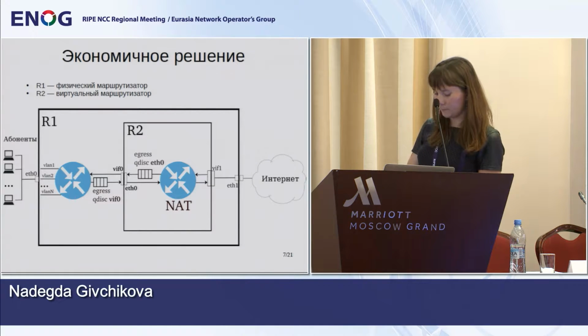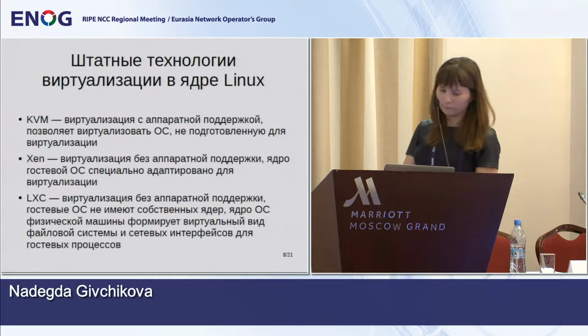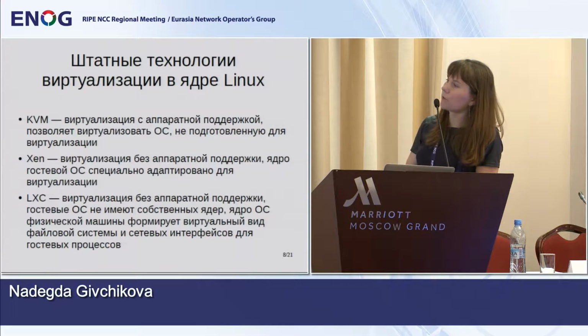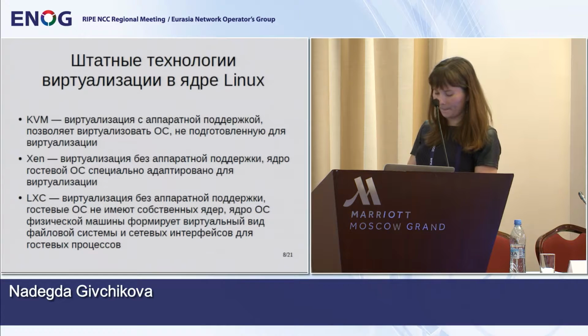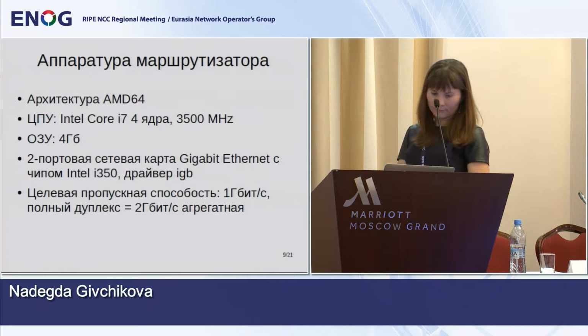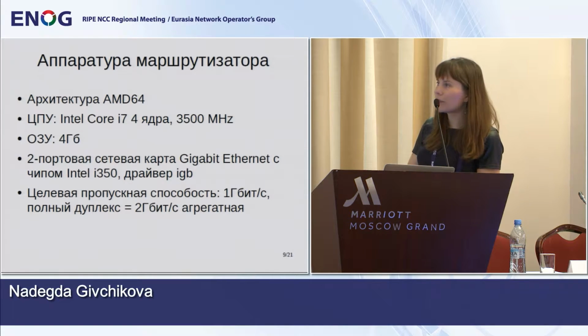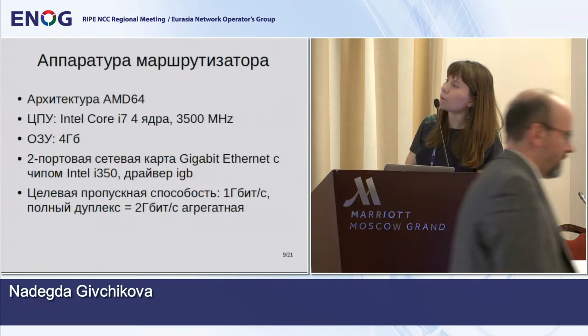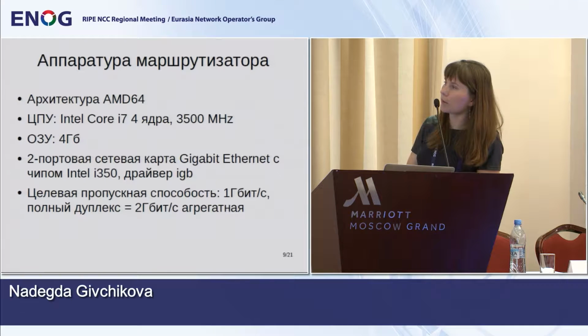Then, what is the virtualization technology? In the Linux kernel, we have different engines. We have used Xen and LXC only so far. In our lab, we used the following hardware characteristics.